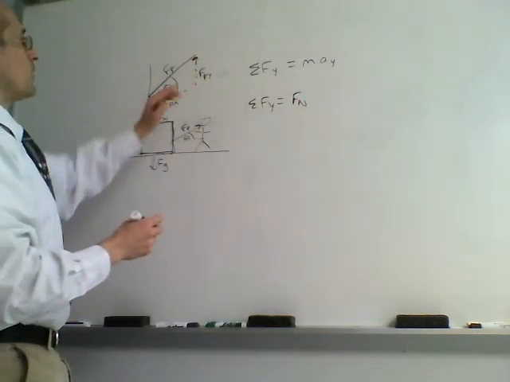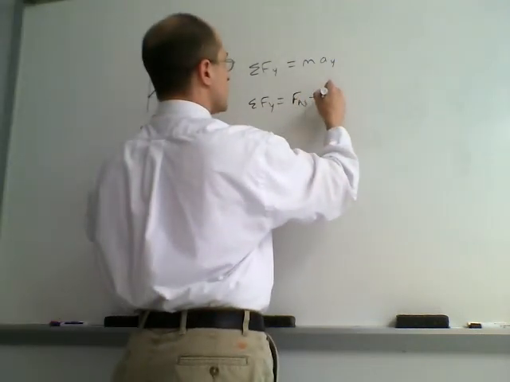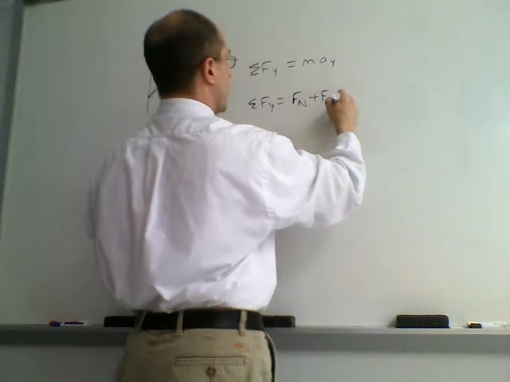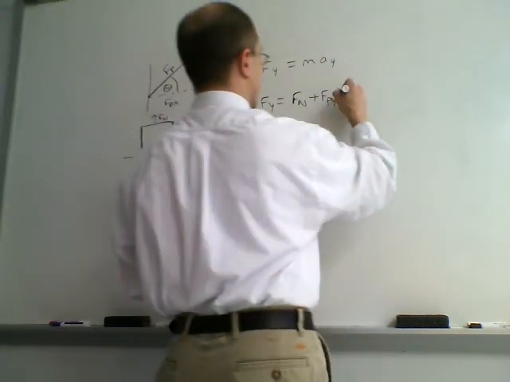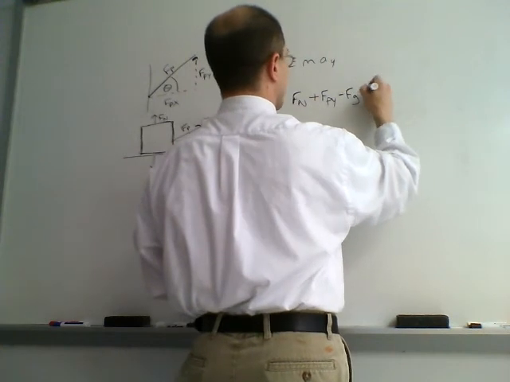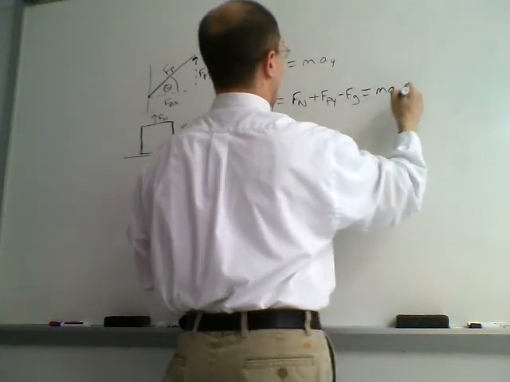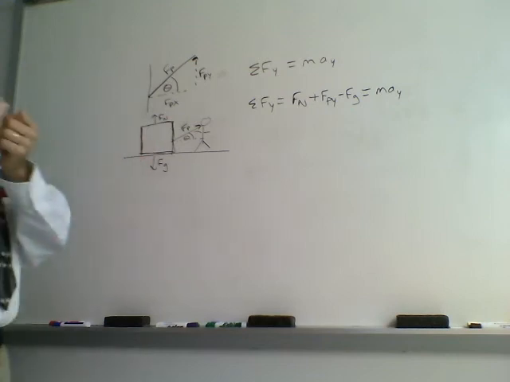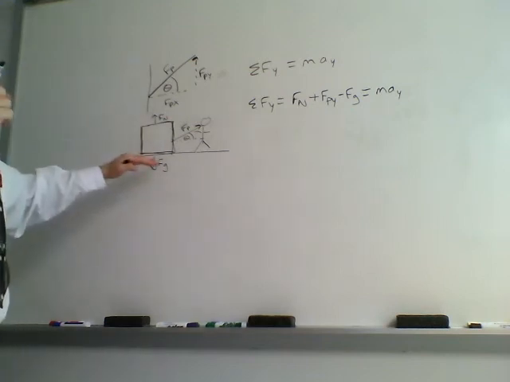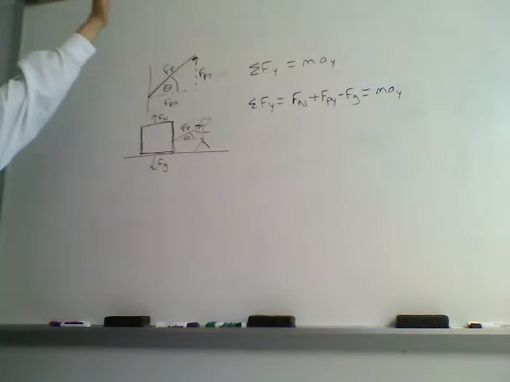We now have a part of the pull force, the force of the pull in the y, and we have a force of gravity down, so we have minus gravity. That equals ma_y.